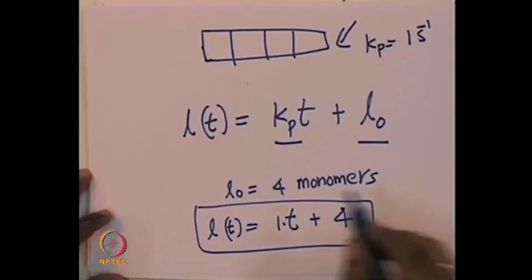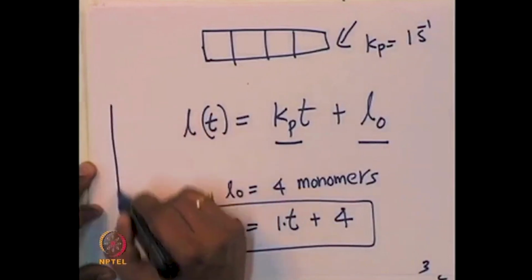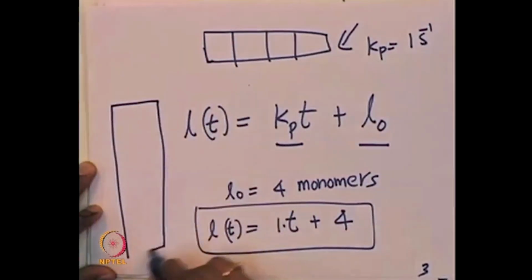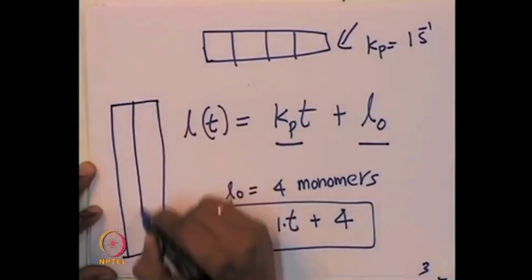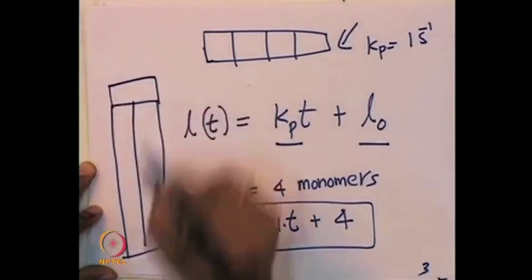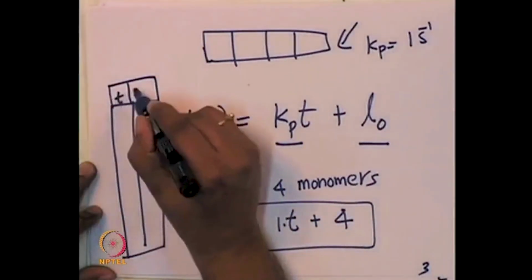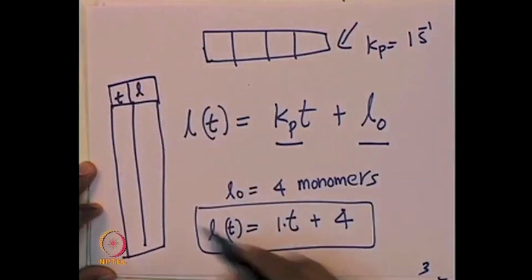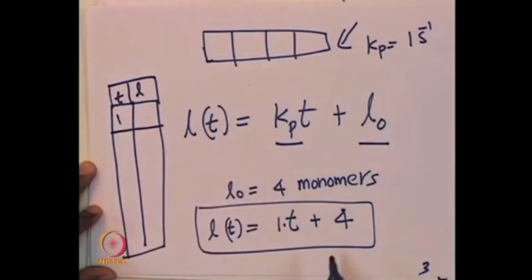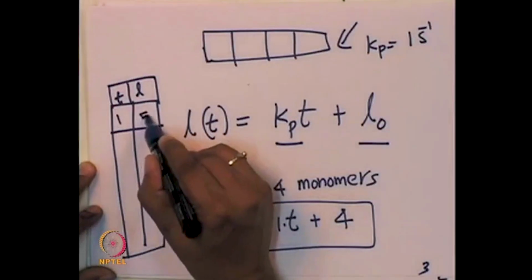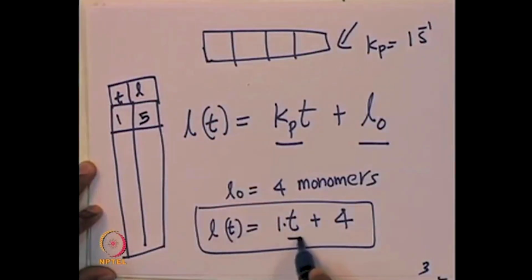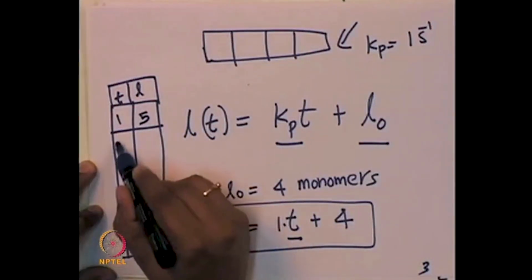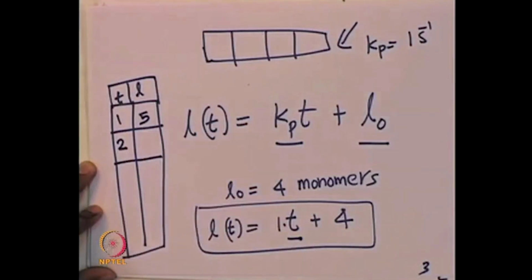So, let us think of a table here. We can have time here and the length here. When t is equal to 1 second, 1 into 1 is 1, 1 plus 4 is 5, the length is 5. When t is 2 seconds, 2 into 1, 2 plus 4, 6.